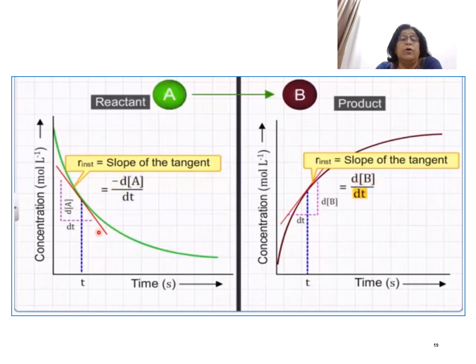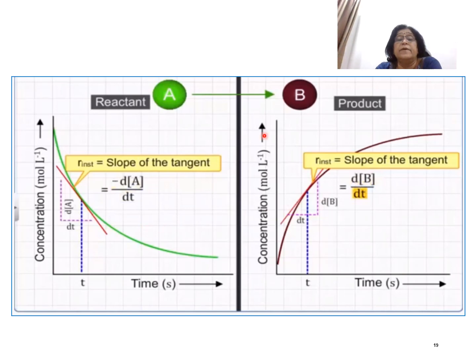When you draw a tangent here, this tangent will give you the change in concentration in the given time interval, so minus dA by dt. By finding minus dA by dt, you can find the instantaneous rate.